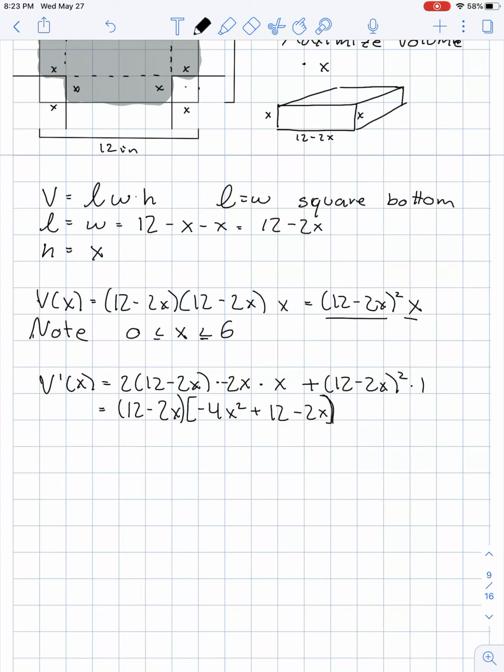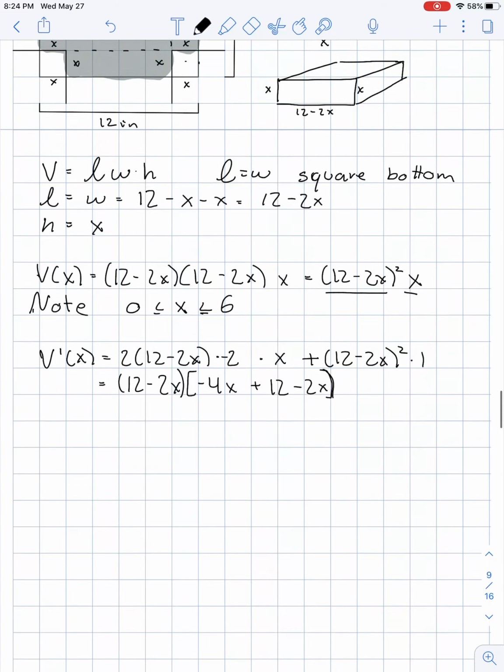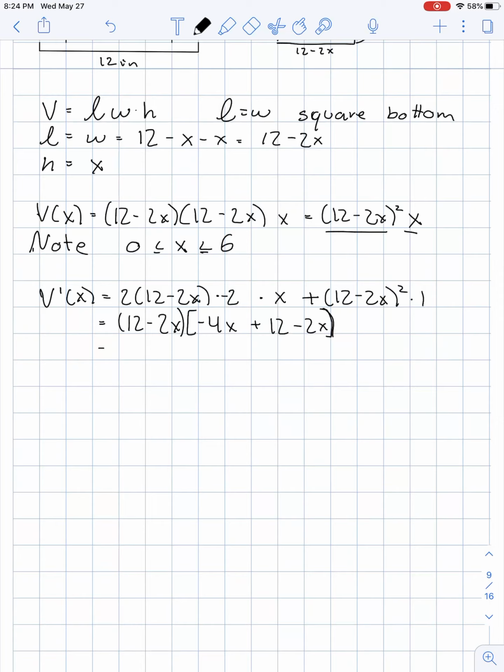Let me make sure that's right. Why is there a squared? Oh, whoopsies. That X doesn't exist. Sorry.